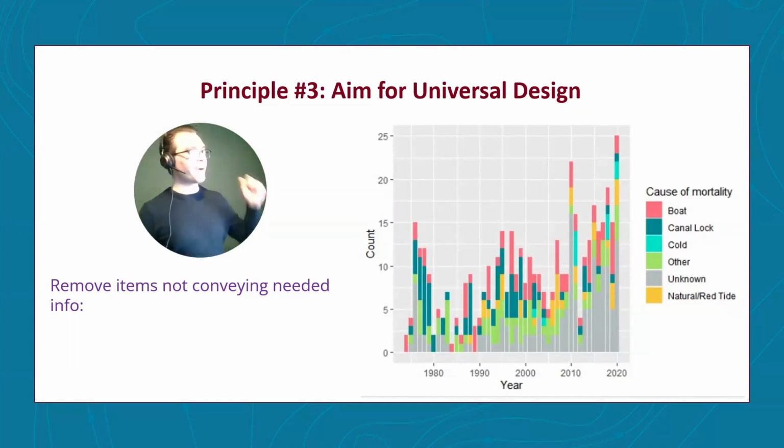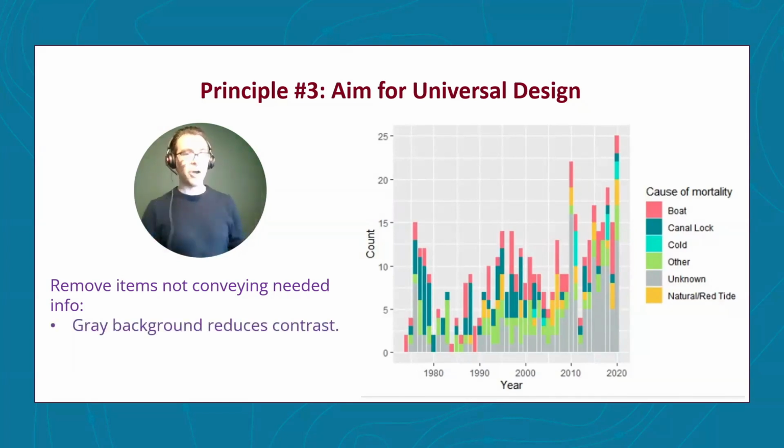So this kind of harkens back to a point I made earlier in the video. For example, a lot of graphing software will include a gray background and bidirectional grid lines by default. You can see both of those elements in this graph on the slide. The background here, though, is conveying no information.